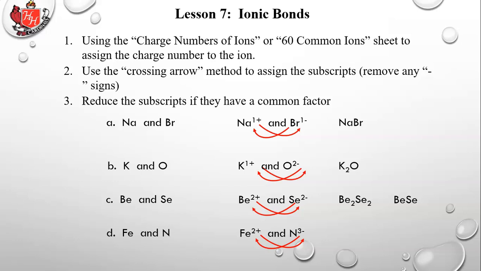Iron, the explanation as to why it loses 2 electrons, there really isn't one. You don't need to understand why it likes to lose 2 electrons or 3 electrons. You just have to know that it does by looking at the periodic table of charges. So the way you put this element together, the pluses and the minuses, the anion and the cation, is you just crisscross those numbers. So iron becomes 3 and nitrogen becomes 2.